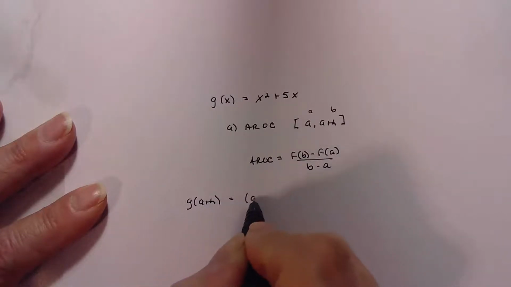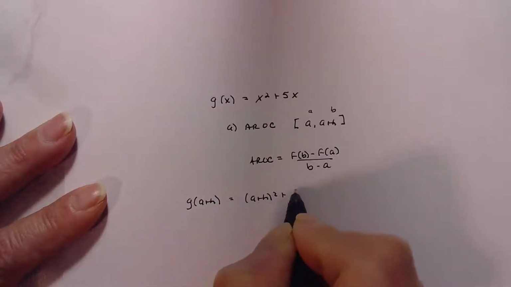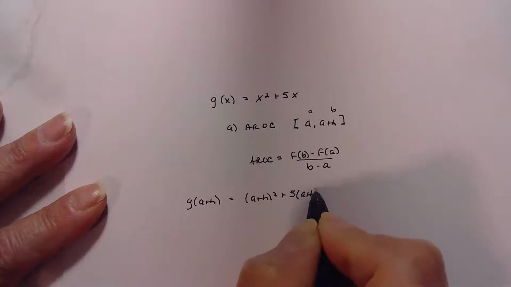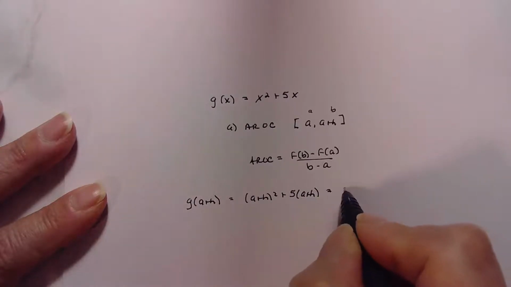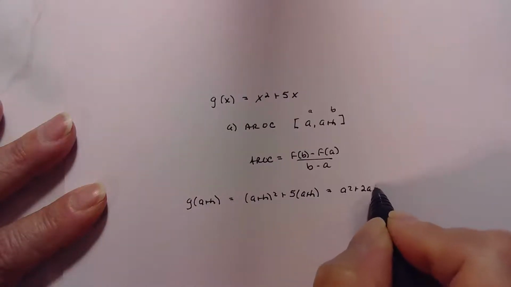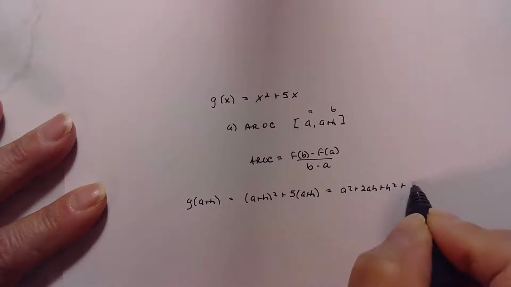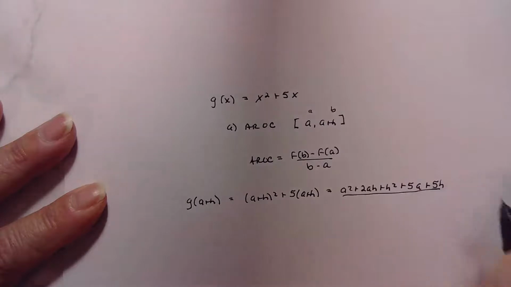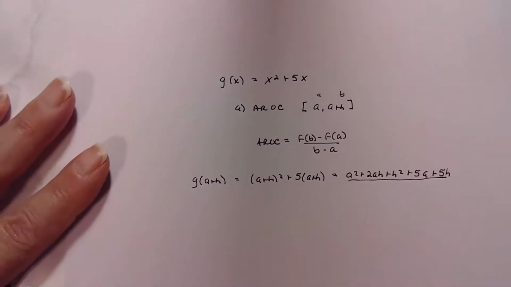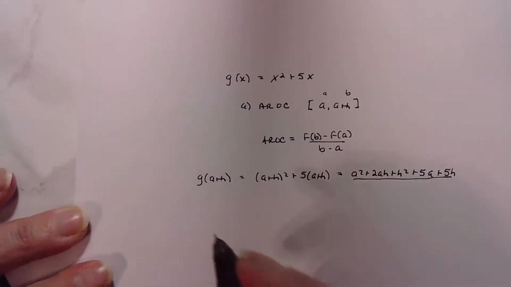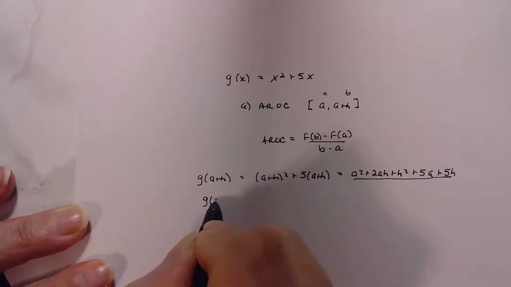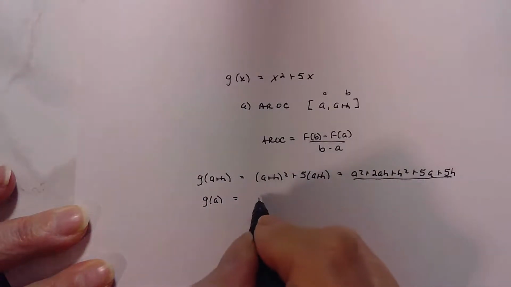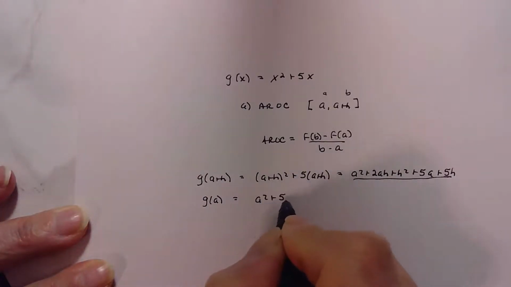Well, that's just a plus h quantity squared plus 5 times a plus h. And if we expand that out, that's going to be a squared plus 2ah plus h squared plus 5a plus 5h. And that's the end of that. We can't clean it up. We've expanded it. We're done. g of a, of course, is simple because we plug an a in for every x, and we get a squared plus 5a.